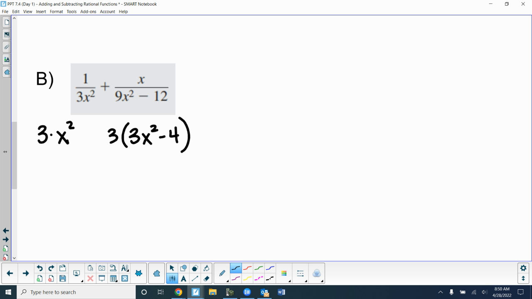That's all you can do, right? All right, so what shows up? 3, an x squared, what else? 3x squared minus 4. Don't have to write that extra 3 down again.